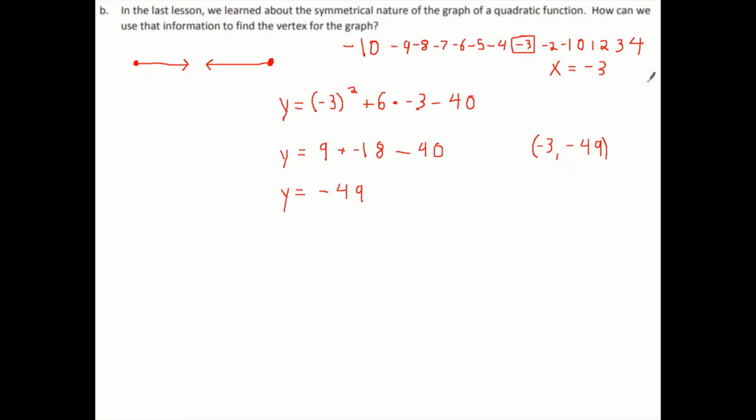So to get from 0 to negative 3, we have to go 1, 2, 3. Okay, so let's go 3 in the opposite direction. 1, 2, 3. Negative 6. So, since it's symmetrical, we know that negative 6 has to have the same y value as our y-intercept, aka negative 40.